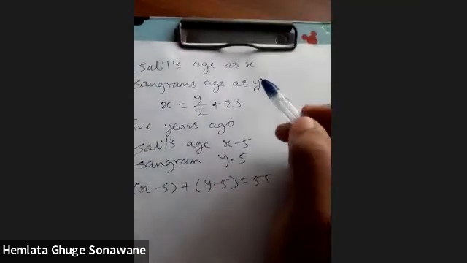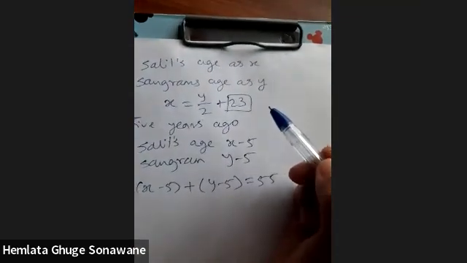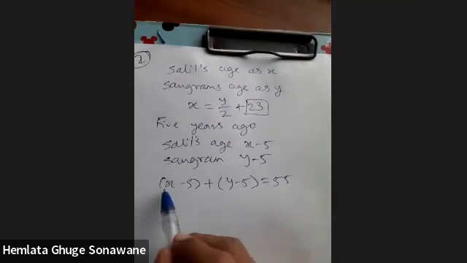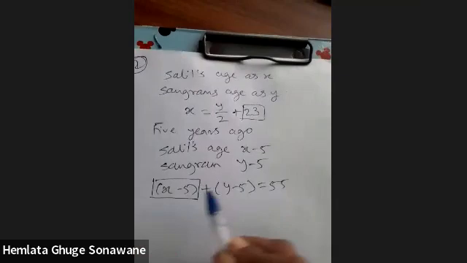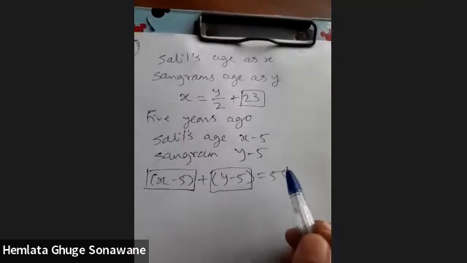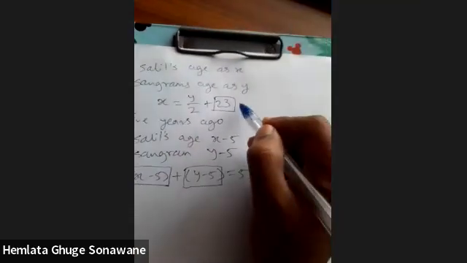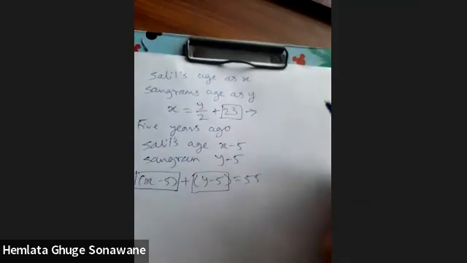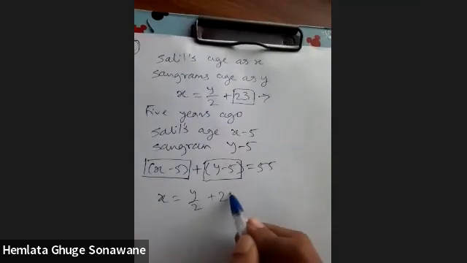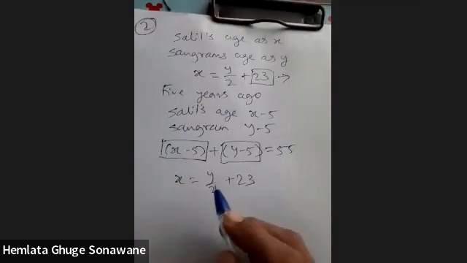Now the first box is given in your textbook where you have to write down 23. Then the next two boxes are given. The first box is x minus 5 plus the second box is y minus 5, that becomes 55. Now we'll simplify this equation. x is equal to y upon 2 plus 23. Now we'll multiply both sides by 2.